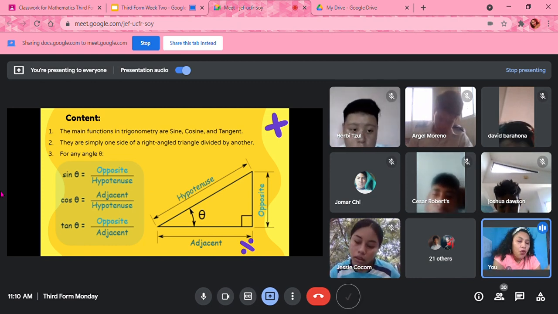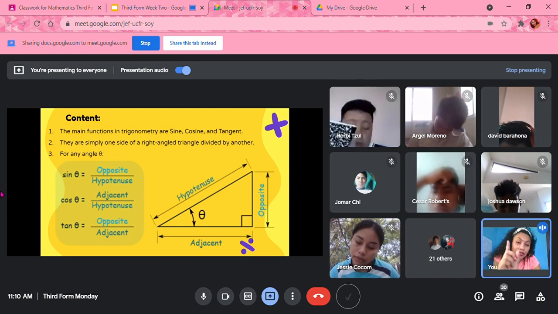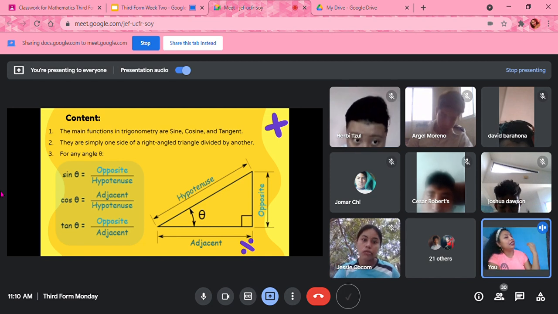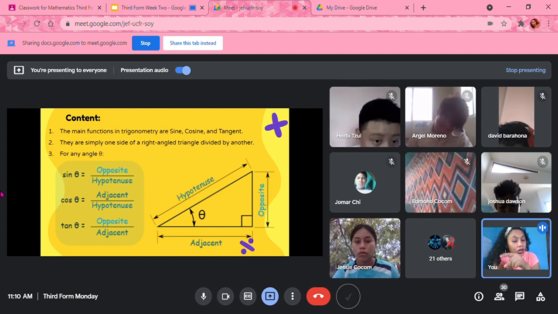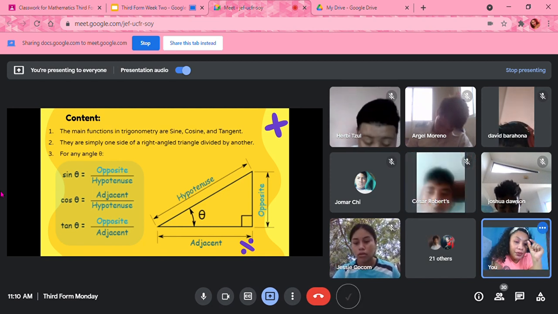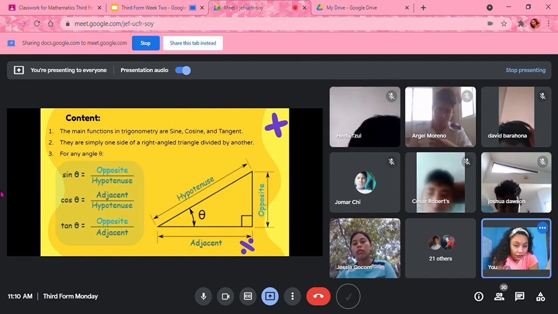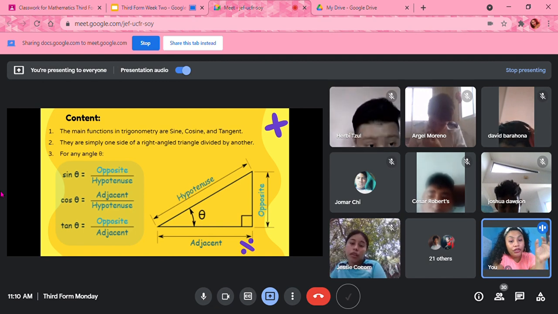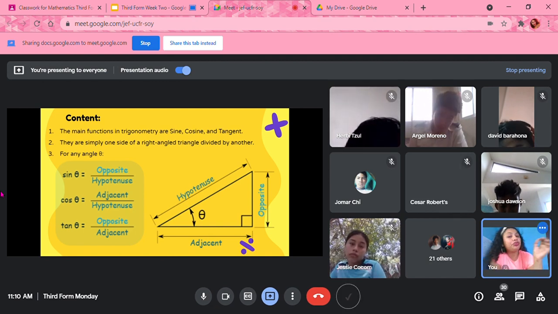The formulas are quite easy, and I had asked you guys to get a scientific calculator, because as the first part of the video showed, your calculator does have the special little buttons that say sine, cos, and tan. Right? So those are the three functions that we're going to be using.